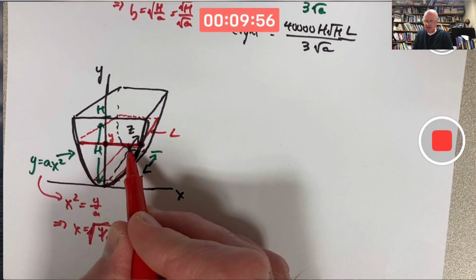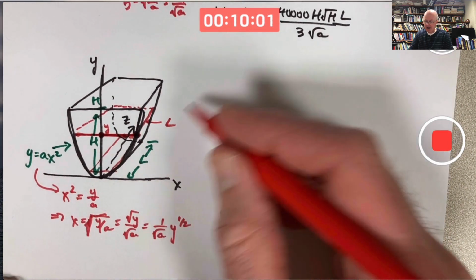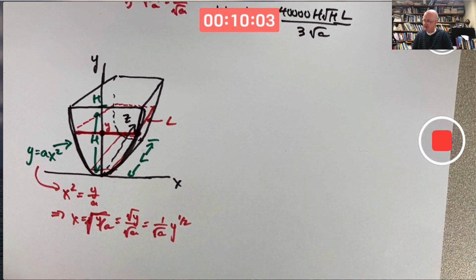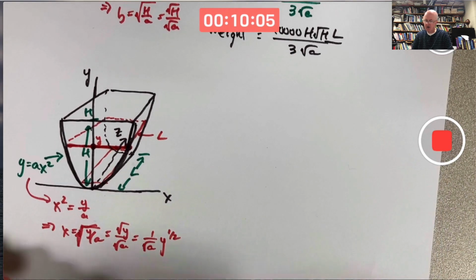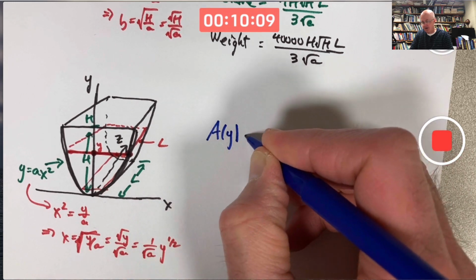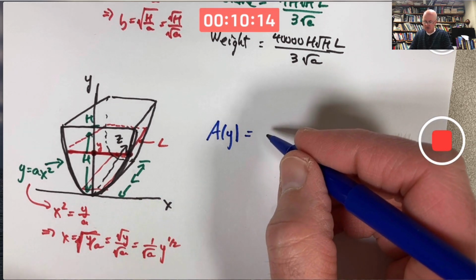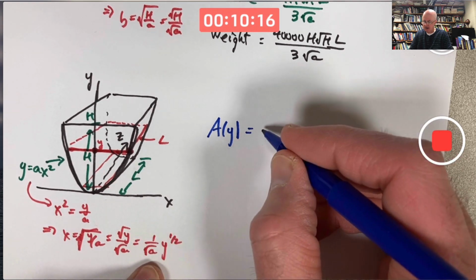It's not the entire distance. I need to multiply that by 2 to get the entire distance, and then multiply by L to get the cross-sectional area. So the cross-sectional area as a function of y, that's going to be the function I integrate, is going to be 2 times this times L. I'll put the L in front.